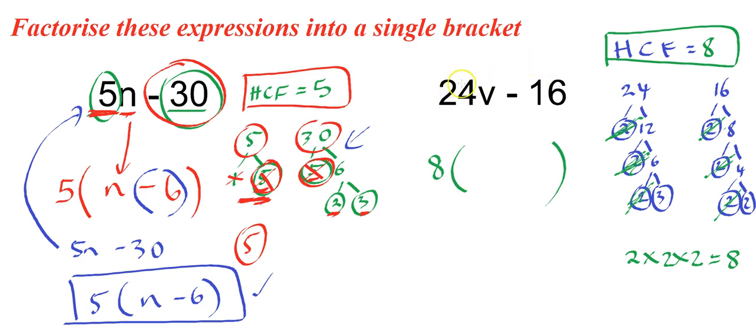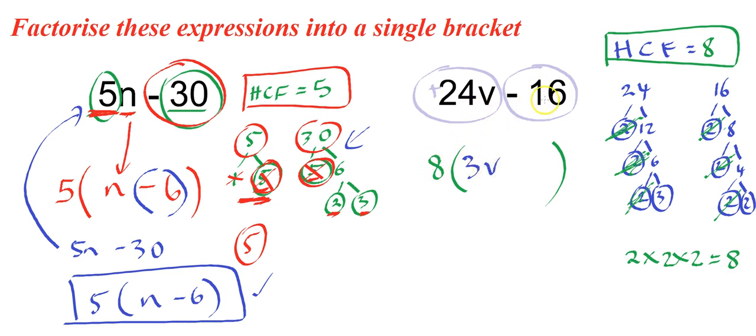Then I identify the terms. Here's a term, 24v, and here's a term, minus 16. 24 divided by 8 is 3, so 3v in this case.